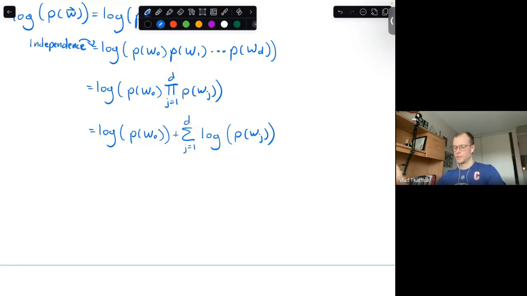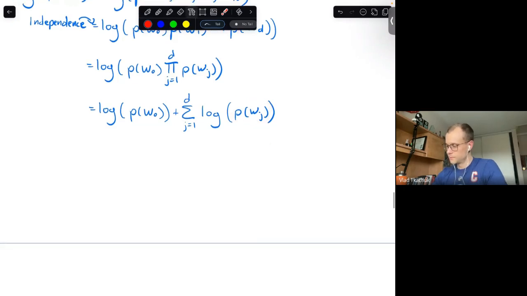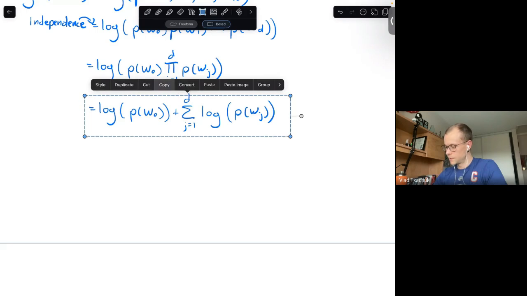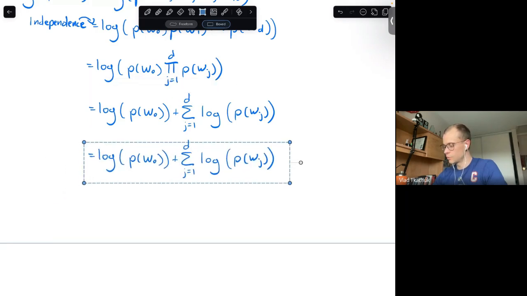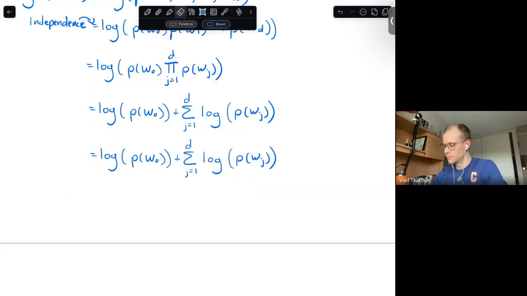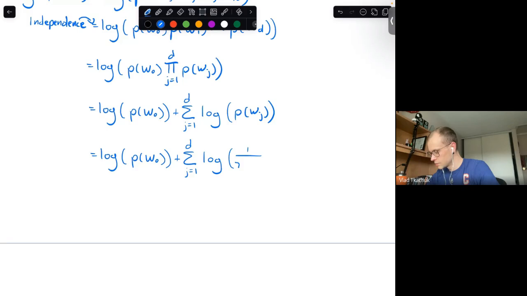Now I'm going to plug in the definition of this PDF. We have that definition because we assumed these P of Wj are normally distributed. So remove this and plug in this big, long equation, which looks like 1 over the square root of 2 pi over lambda.